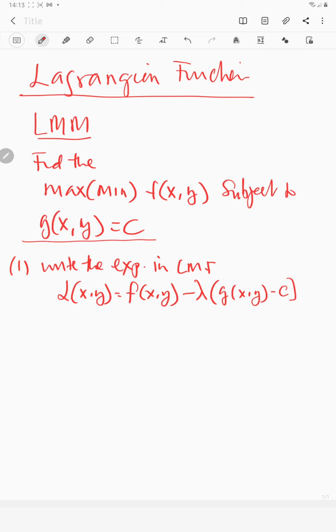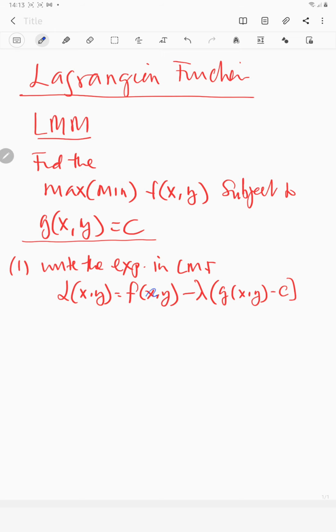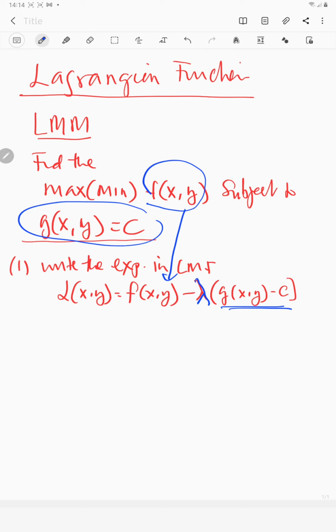So I have taken a different approach on that one. Then you just put a lambda at that particular moment, where lambda is a constant.